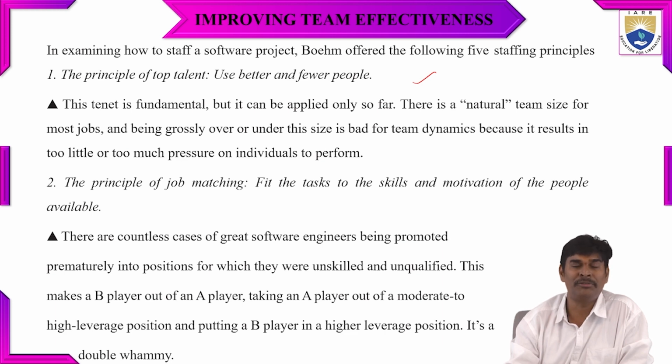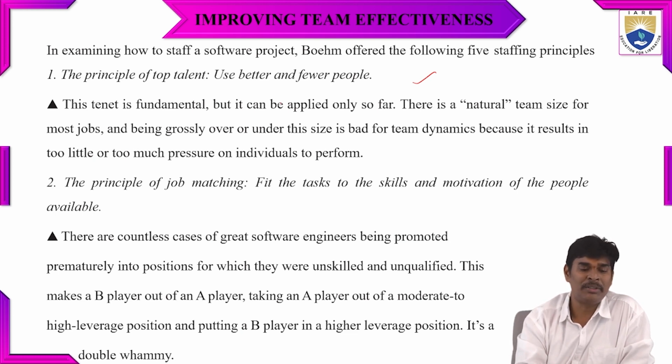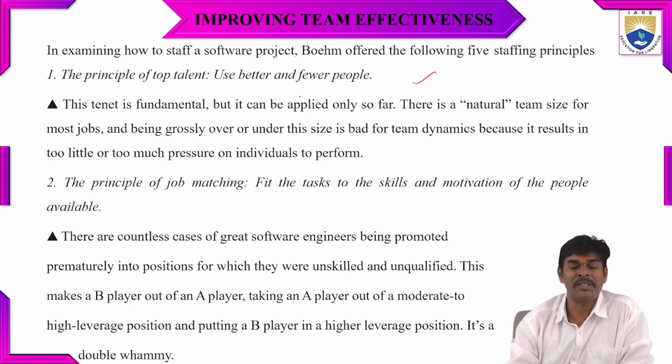As I told, if your team members are all highly talented, there may not be any cooperation, because they are trying to gain their own recognition. So the first principle is we need to use better and fewer people as talent.